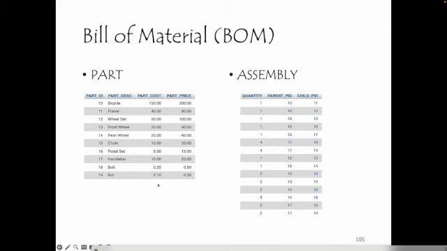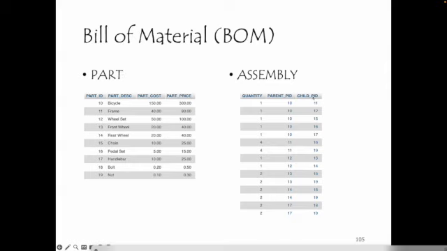So in this approach, let's say I found the part as a parent and I found the bicycle's ID is 10. Then I will go back to assembly table and I will use parent PID 10 and I will just get the list of child PID.